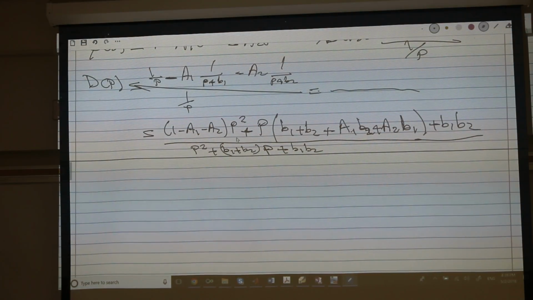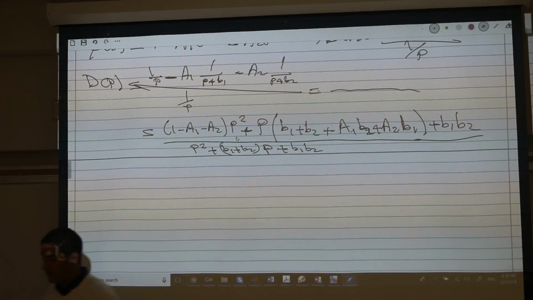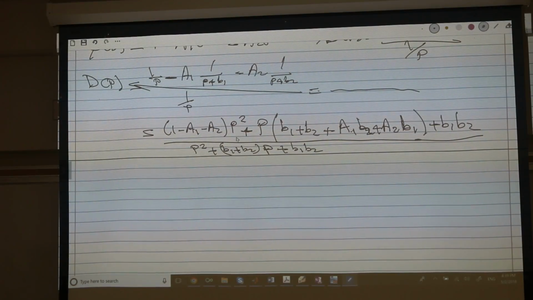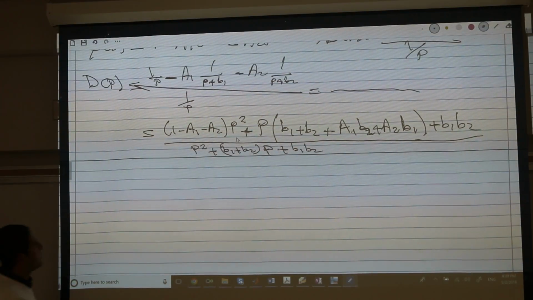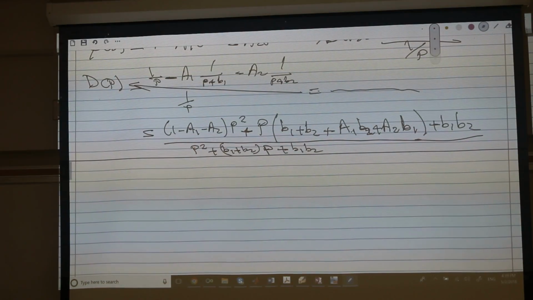Set p equals 0, so it's b1 b2 over b1 b2, which is 1. And what about the high frequency gain? 1 minus a1 minus a2, exactly, it's this guy. So this is why in every approximation like this, you will find that the addition of these coefficients is half. So this is 0.165, 0.335.